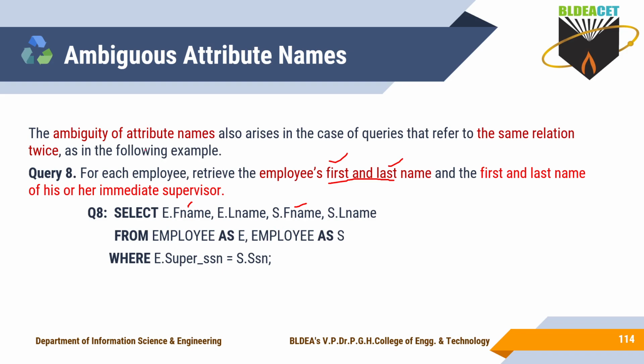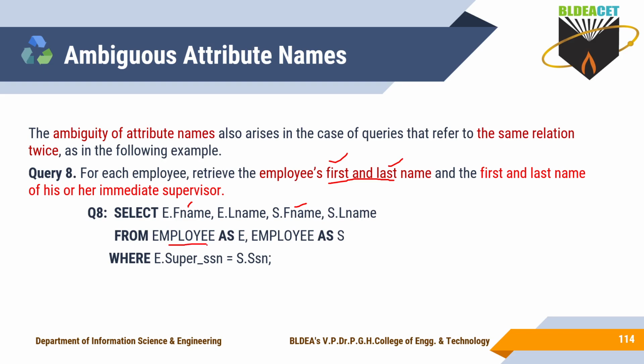How? By using the table name along with the attribute name here: employee dot F name. But the name of the table is big, so instead of taking the table name as it is for every attribute while specifying, you can also use an alias for the table name. That is what we call renaming.